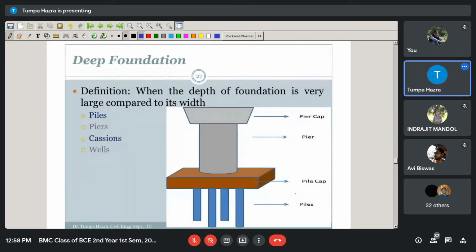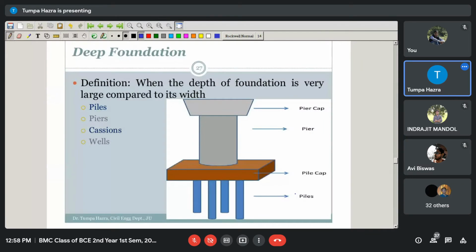Now come to the point, deep foundation. Deep foundations, as I have already told, whenever the D/B ratio, the depth of the foundation to the width of the foundation, is greater than 1, that is known as deep foundation.